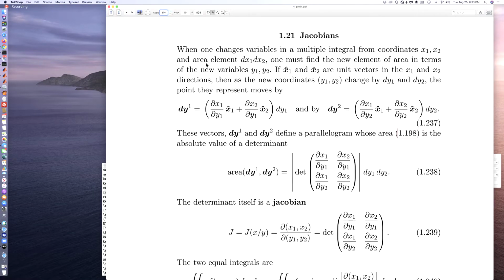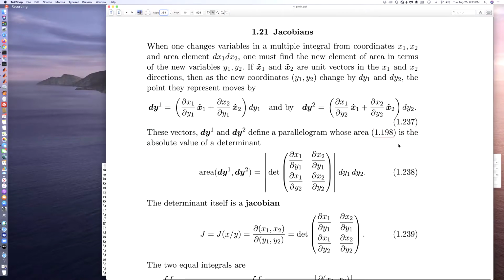Well, to the book, basically, and the main class notes, and go to some more theoretical topics, which in any event we have to go through. This is Jacobians, and so the idea is you might be doing a multiple integral over a certain region in the x-plane, x1, x2, and the area element is dx1 dx2.